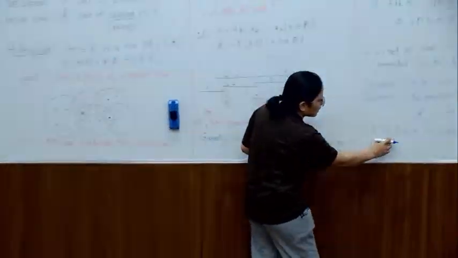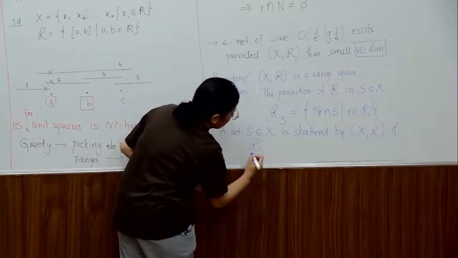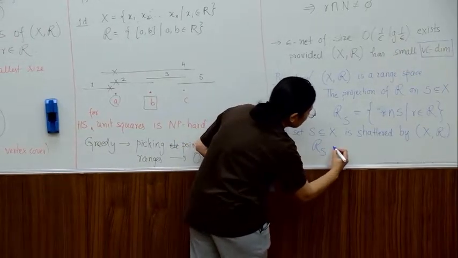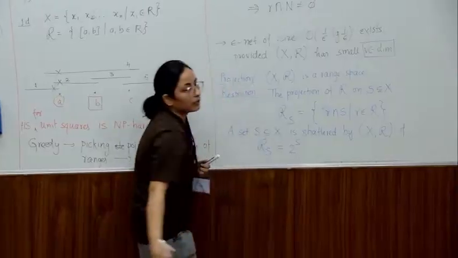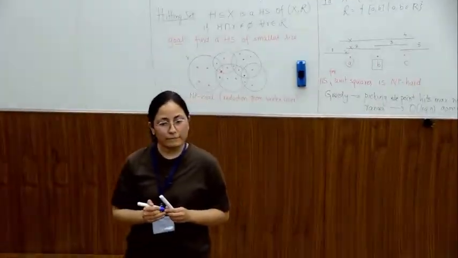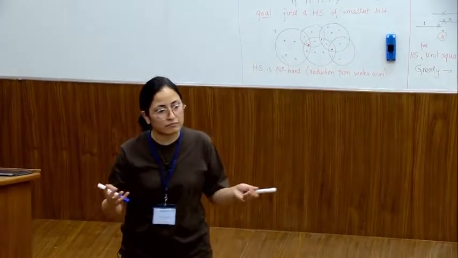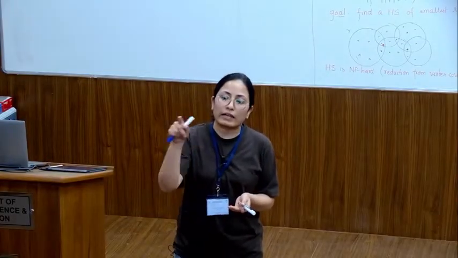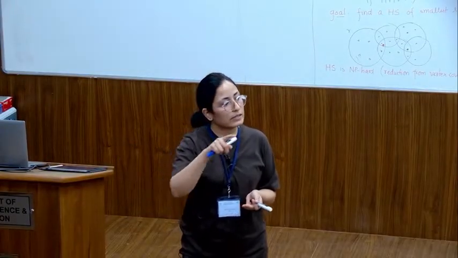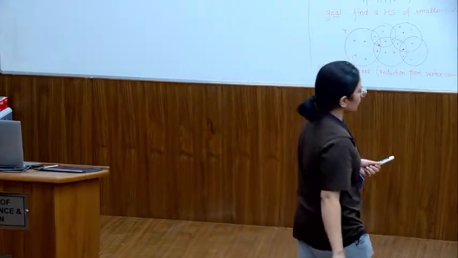So a set S is shattered by the range space if the projection of R onto S is the entire power set of S, because we might not get all the subsets of S. If we can get all the subsets of S, we say that S is shattered by the range space. Now let's see a simple example.